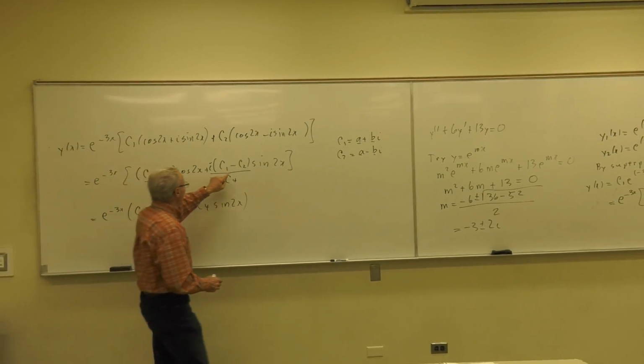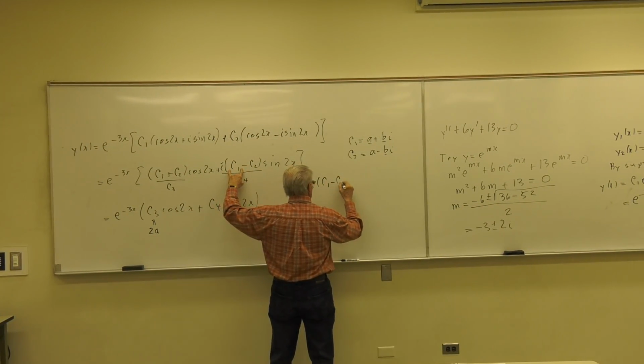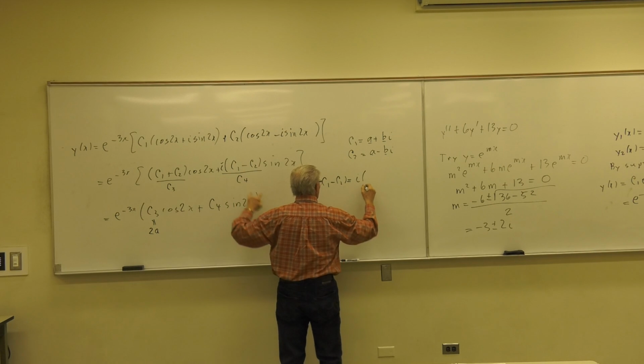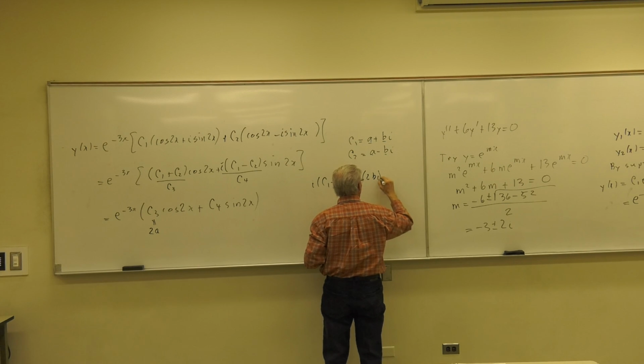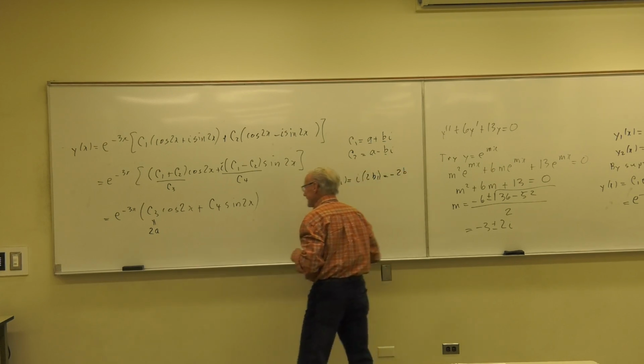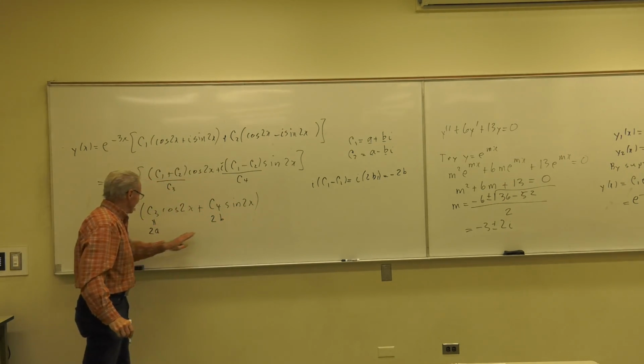What is c4 supposed to be? i times (c1 minus c2) is i times this one minus that one. This one, that's 2bi, which is minus 2b. This is 2b. And that's a real. And that's a real.